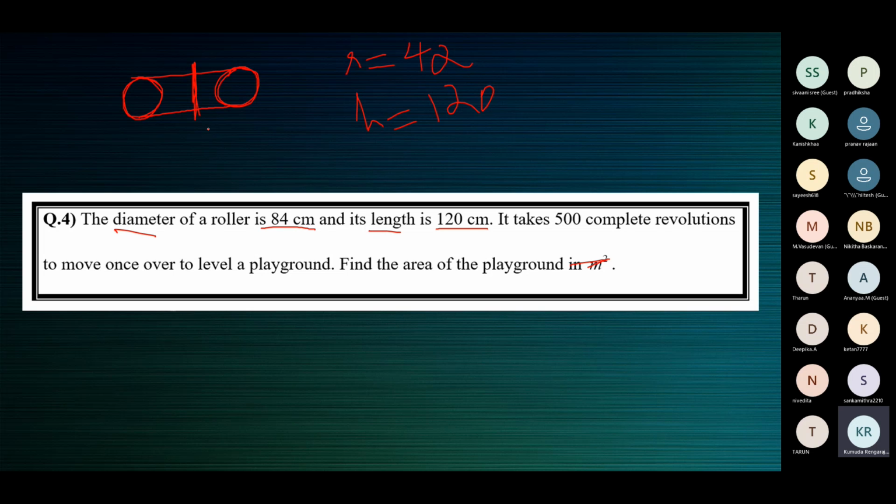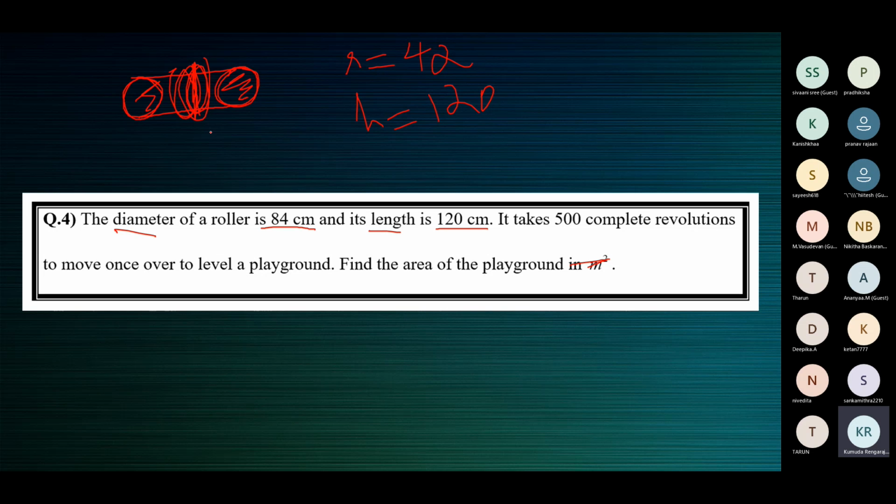The curved surface area of the cylinder rubs over the playground. The areas of the two circles don't come in contact with the surface of the playground. It is only the curved surface area of the cylinder that keeps moving over the playground.